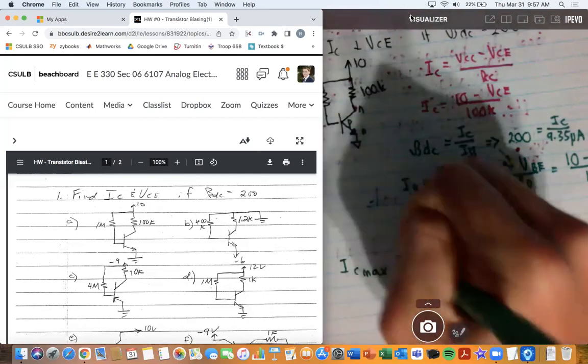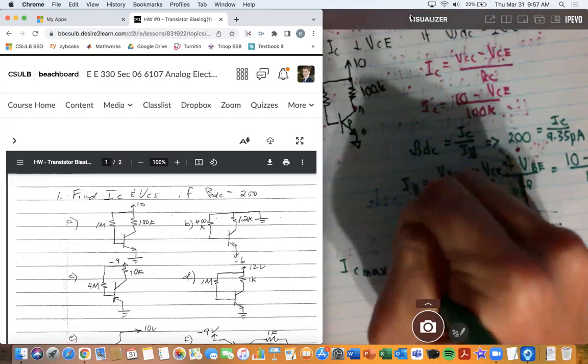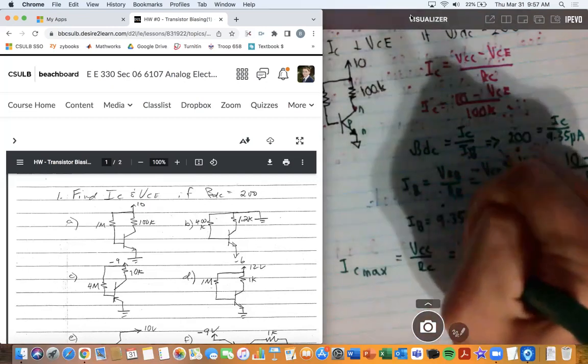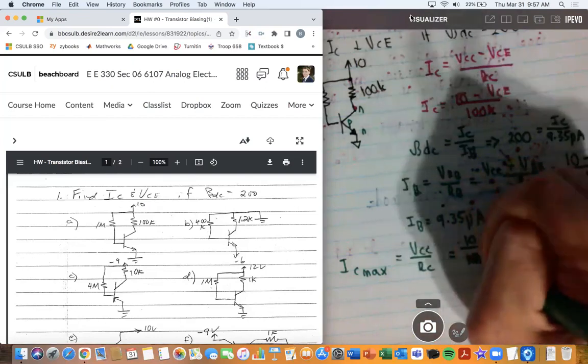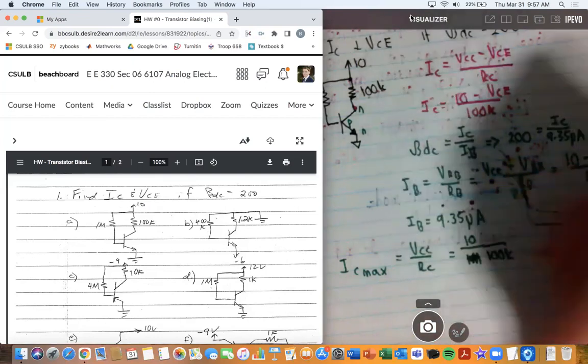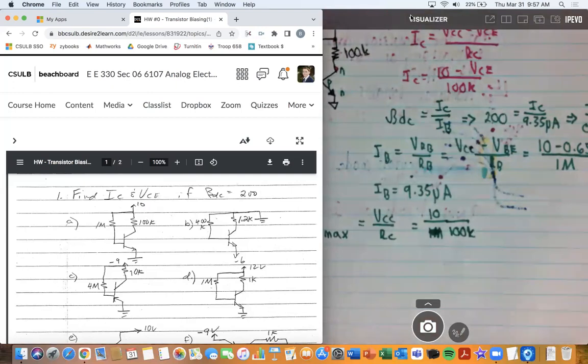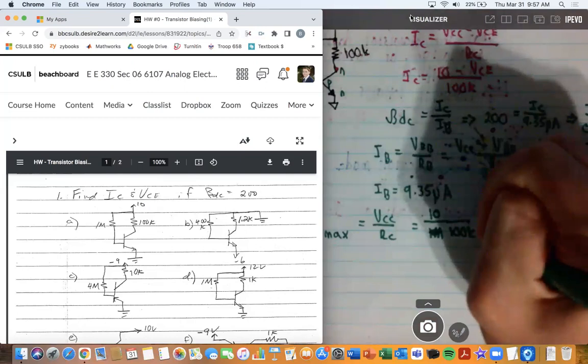Well, IC max, remember I told you guys it's VCC over RC, which is going to be equal to 10 volts all over 1 mega ohm. Oh, sorry, 100K, using the wrong resistor. And so 10 divided by 100K, I got 1 e to the 4th. And so 1 times 10 to the negative 4th.